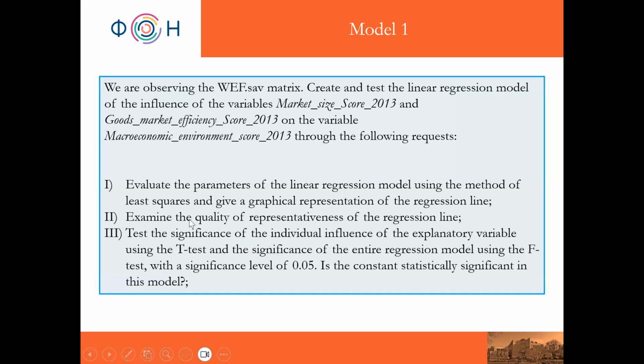We have to examine the quality of the representativeness of our regression line, so we need to see how well our regression line represents the data we have collected. And we will use significance tests to explore the individual influence of our explanatory variables using the t-test, and to see the significance of the entire regression model using the F-test.